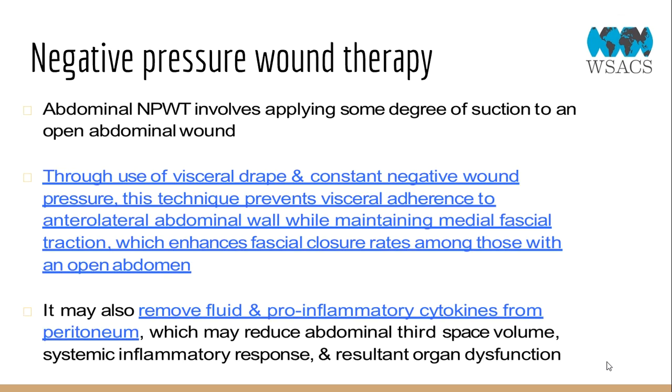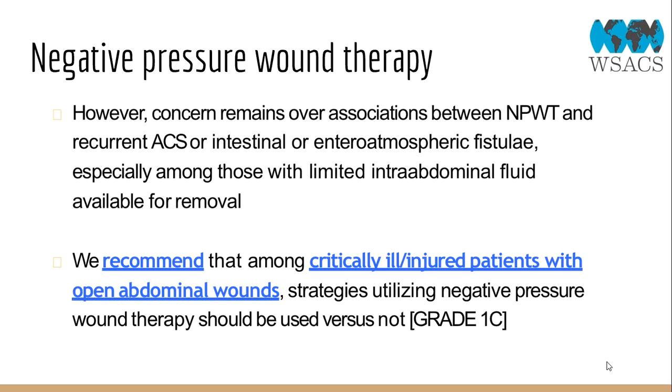Now, negative pressure wound therapy involves applying some degree of suction to an open abdominal wound through use of a visceral drape and constant negative wound pressure. This technique prevents visceral adherence to the anterolateral abdominal wall while maintaining medial fascial traction, which enhances fascial closure rate among those with an open abdomen.